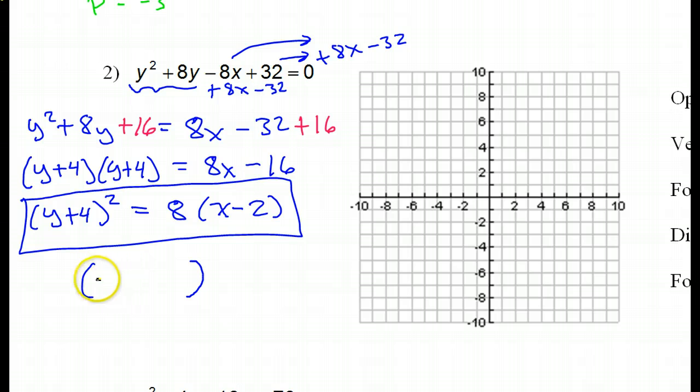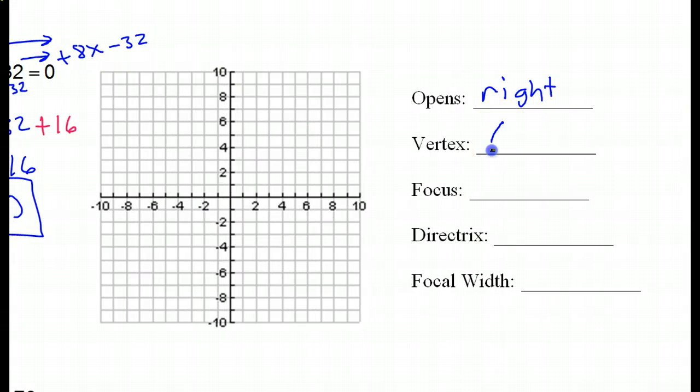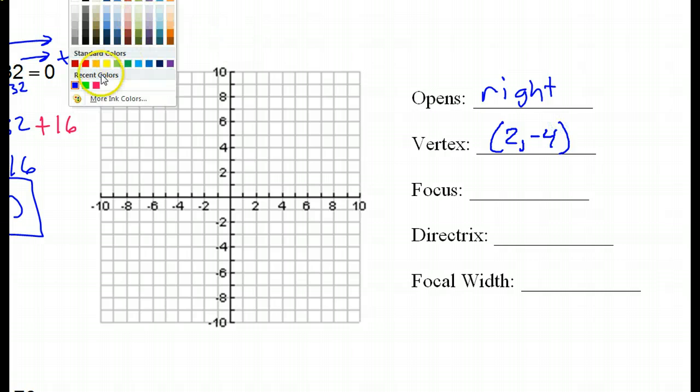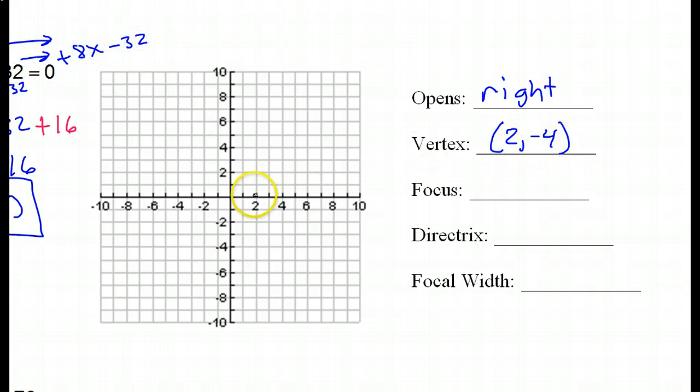So it will actually be 2, -4 will be my vertex. Okay, do not mix those up. The y is on the left, so you gotta switch it up. So the vertex is 2, -4. Alright, let's go ahead and graph it up. So 2, -4 is going to be right here.